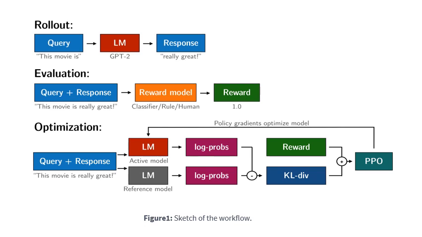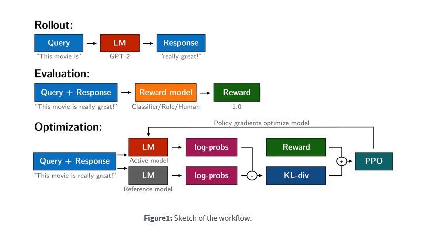We store this data in the rollout buffer. As you can see here, we have a query. We give it to the language model and generate a response. Then we have an evaluation step. We give the query and response to the reward model to evaluate how good this combination is and assign it a number. And then we go into the optimization step.